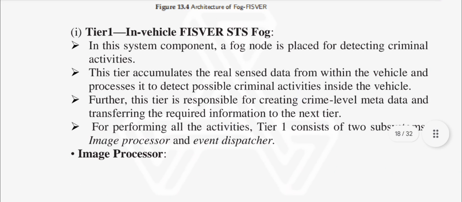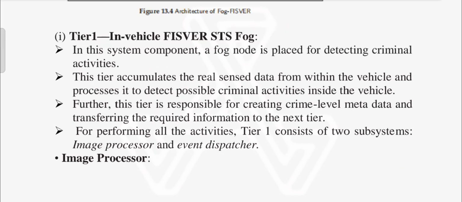Architecture of Fog FISWAR. Tier 1, in-vehicle fog node. This fog node is placed for detecting criminal activities.